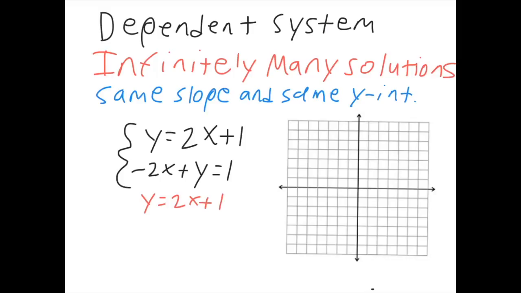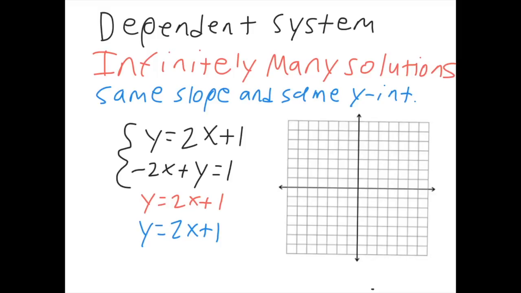The second one, we would have to add 2x to both sides of the equation, which would give us y equals 2x plus 1. So even though at the beginning they looked like different equations, they are now the same exact equation. And that's why they are a dependent system. Same slope, same y-intercept. So, same line.